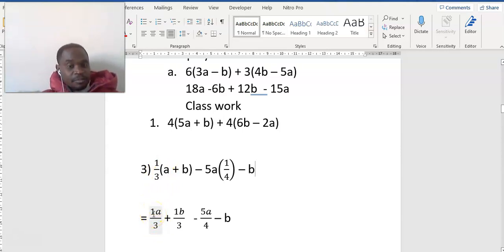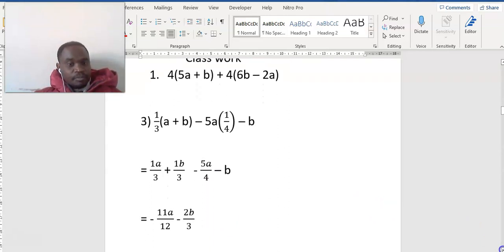Alright, you are not wrong. Then 1 times B will give you also 1B over 3. Okay, then minus 5A times 1 will give you minus 5A. Then you bring the over 4 minus B.